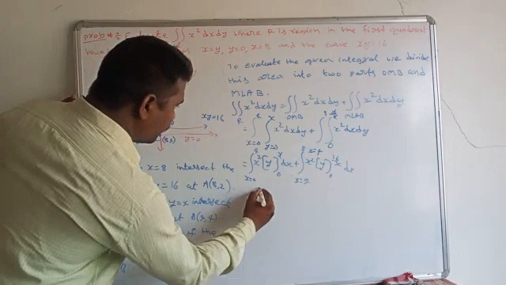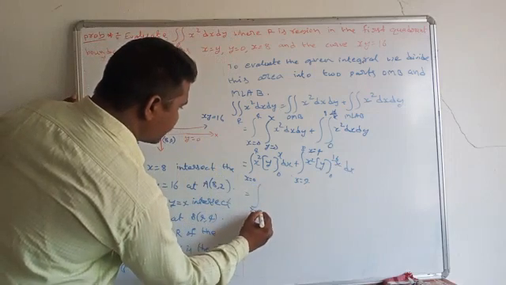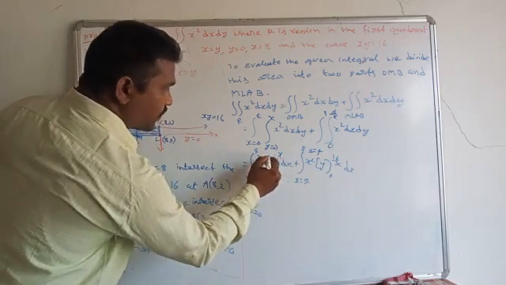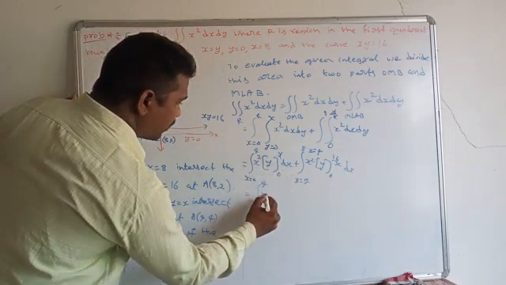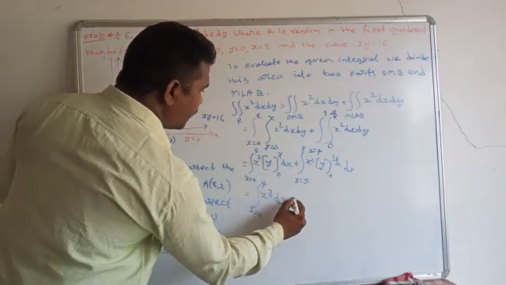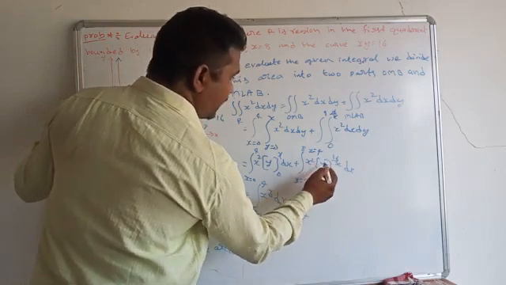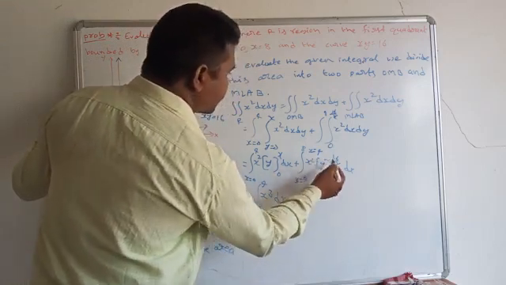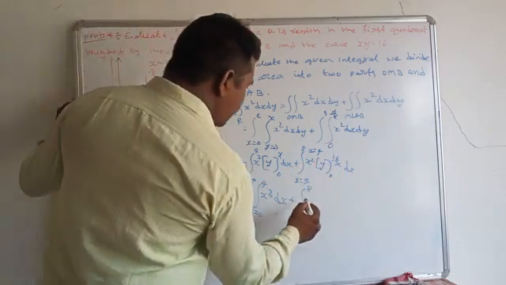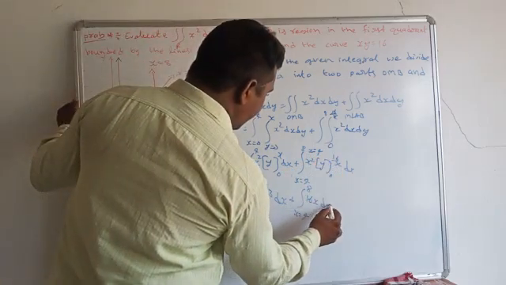This is equal to the integral x from 0 to 4 of x cube dx, plus the integral x from 4 to 8 of 16 x dx.